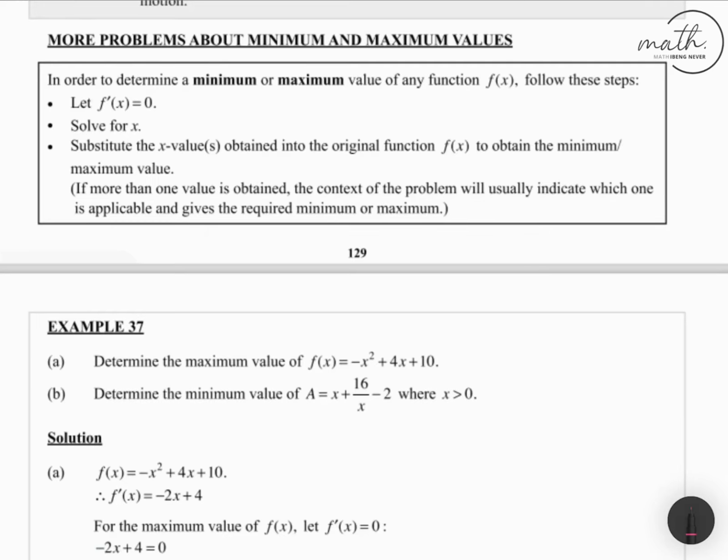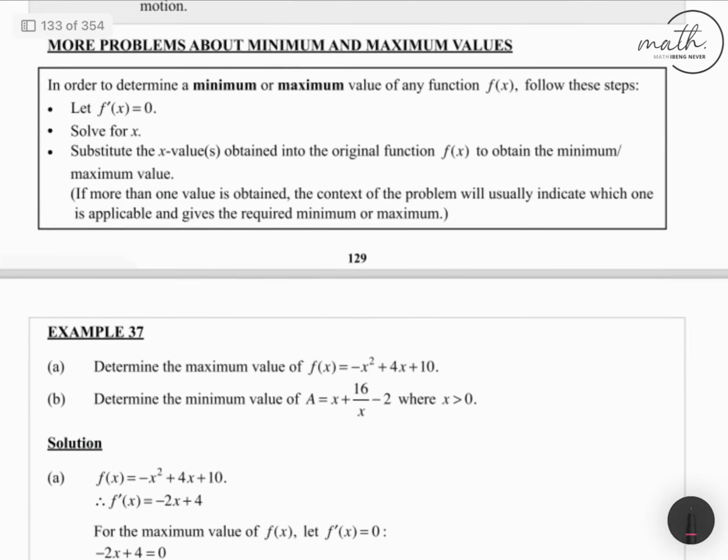Okay, more problems about minimum and maximum values. So this part of the question, you shouldn't get it wrong. That is because, in order to determine minimum or maximum, you just take your function and find f prime of x.